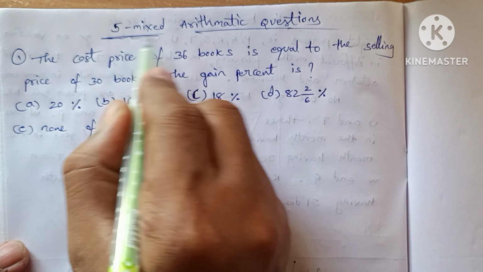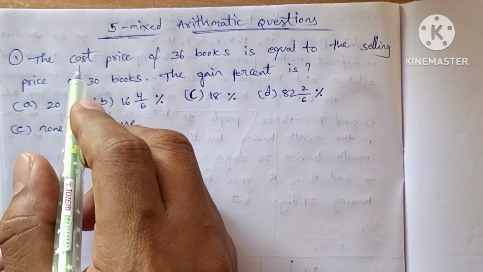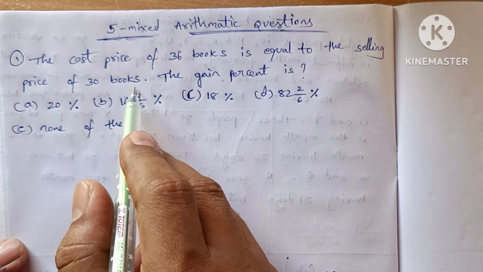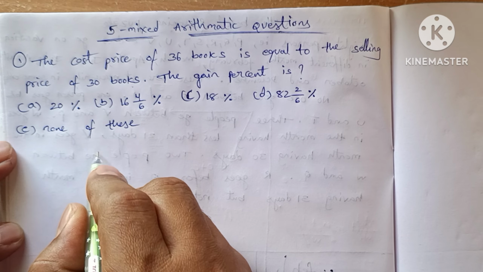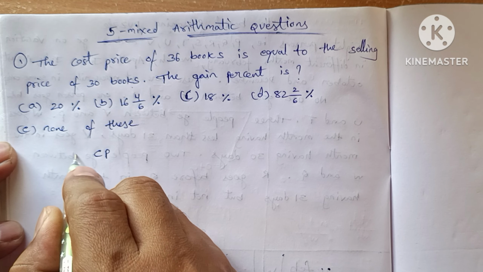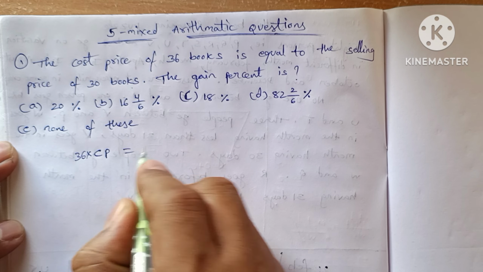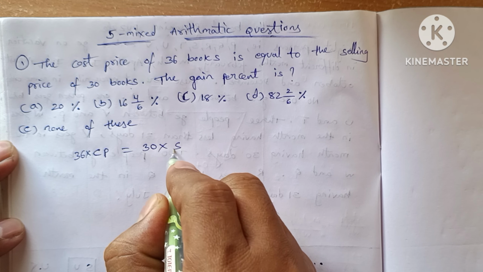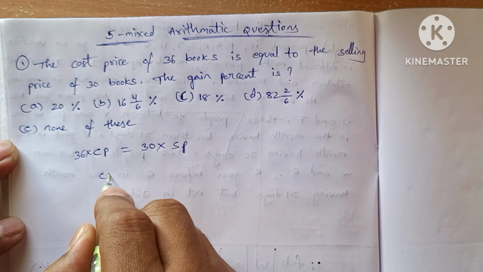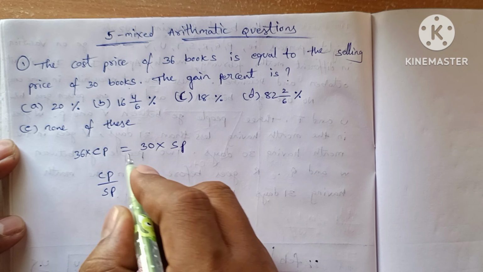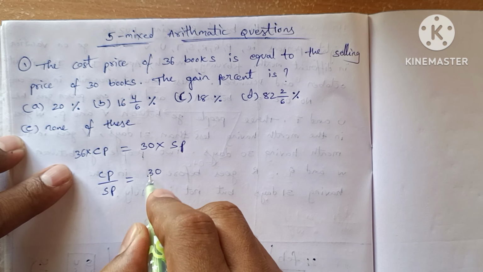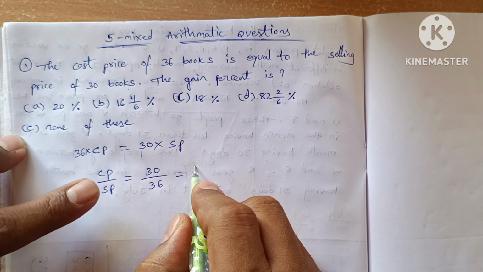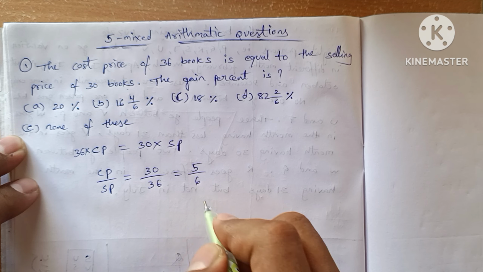Now we are going to see 5 mixed arithmetic questions. First question. The cost price of 36 books is equal to the selling price of 30 books. So CP of 36 books is equal to selling price of 30 books. So CP by SP equals 30 by 36, which will be 5 times and 6 times.